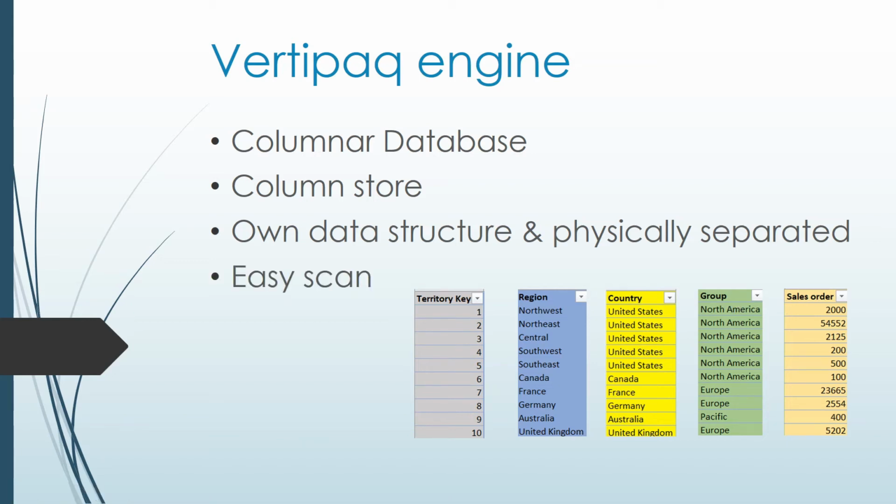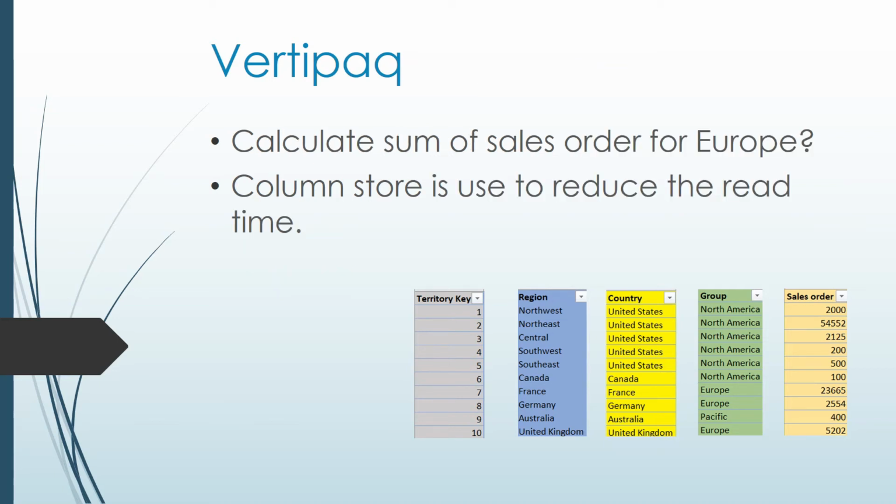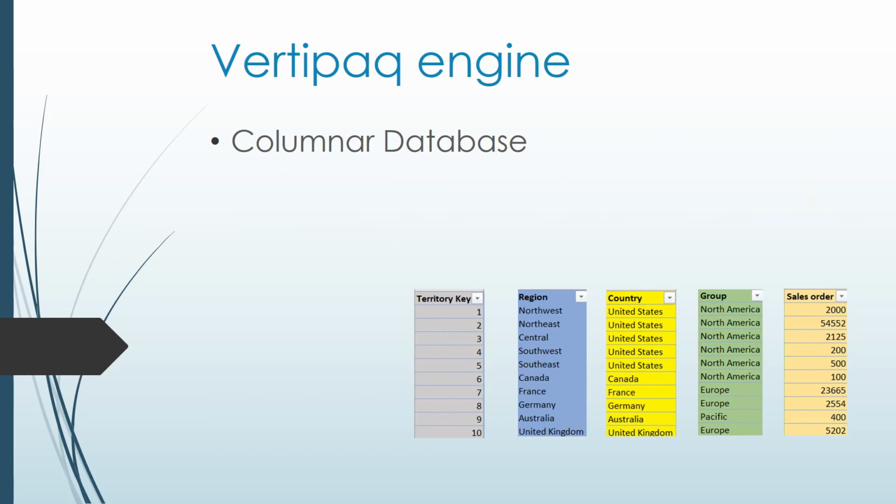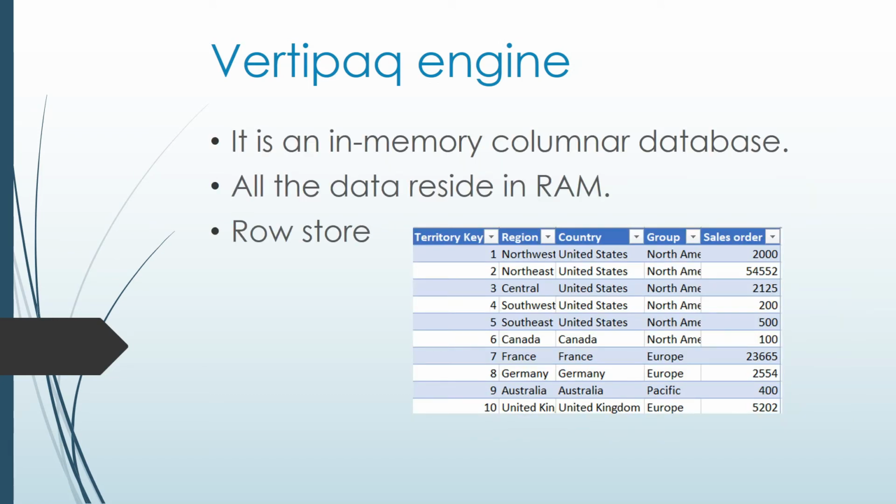And it is easy to scan a single column. For example, if I ask you to calculate the sum of sales order for Europe, what will be the normal behavior if you go back to the normal table structure, the row store? How will we calculate the sales order for the group Europe? First of all, we will try to find which column contains Europe.